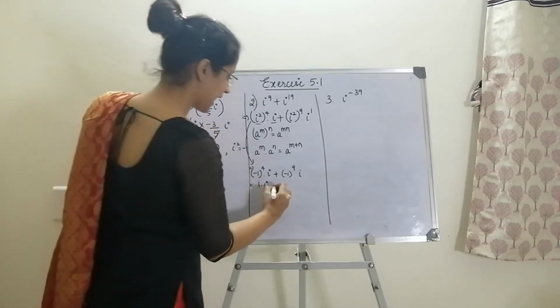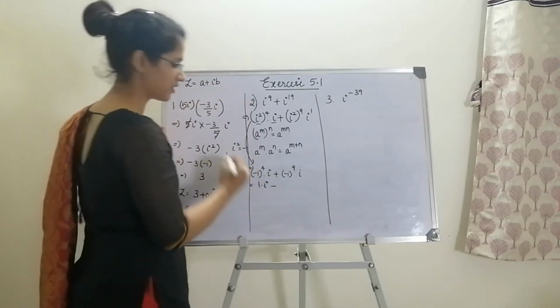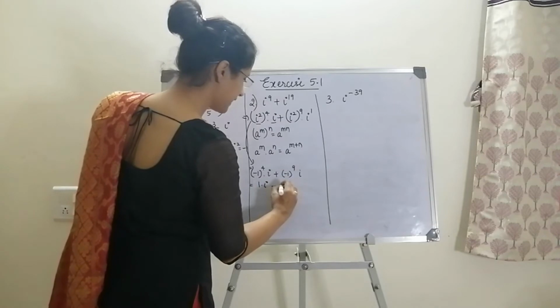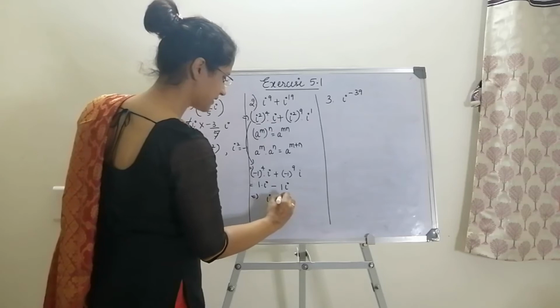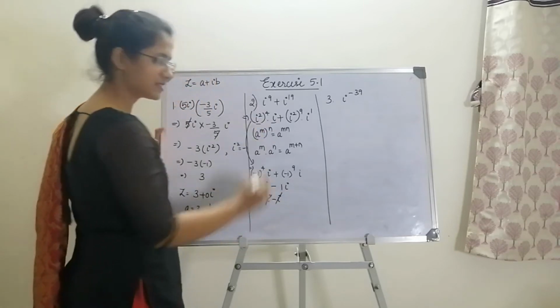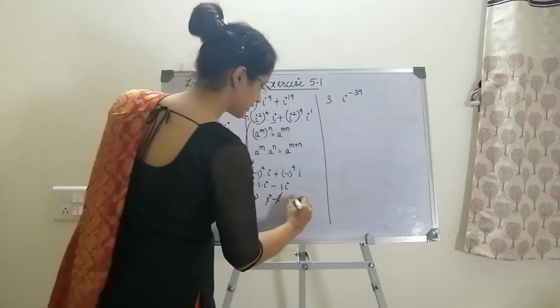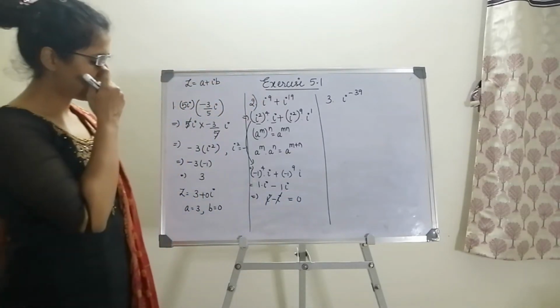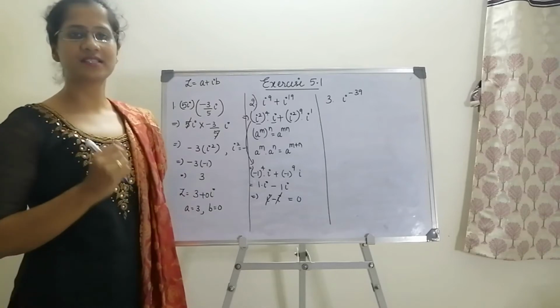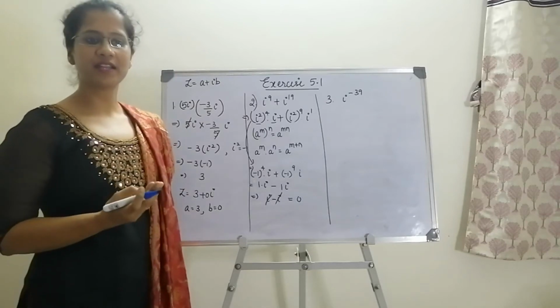So that time I will get back my negative term. So I will get this as minus 1 into i. So this can be written as i minus i. Plus i minus i will get cancelled. So your answer is equal to 0. So here we see that our entire answer is 0. We do not have a real term.